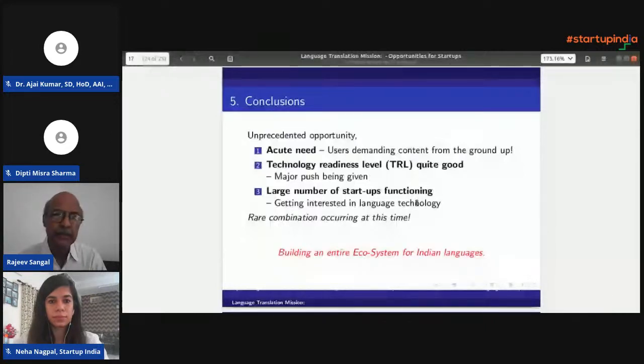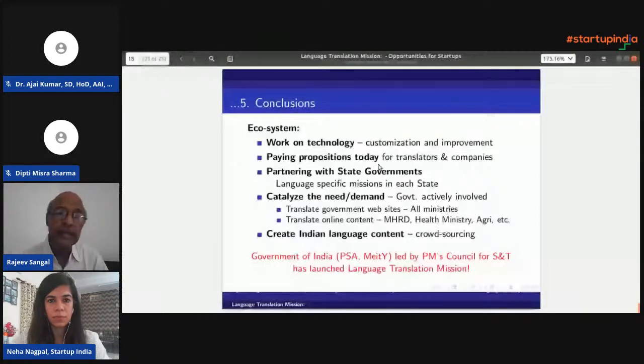In the ecosystem, there is work on technology going on, further improvement, customization. It's a paying proposition today, this use of this technology. Already there are large users who have come forward for translation of both spoken as well as text material. We are also partnering in the mission with state governments, because language specific missions will come from each state. And to catalyze the need and the demand, government is actively involved.